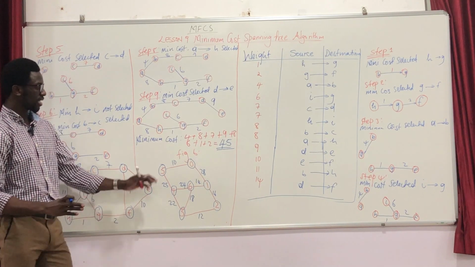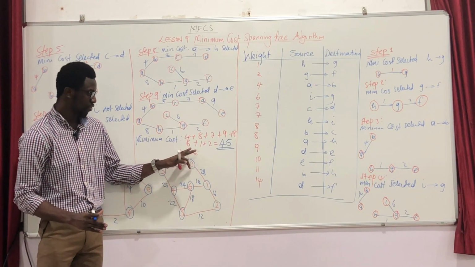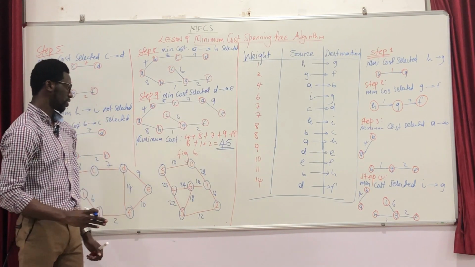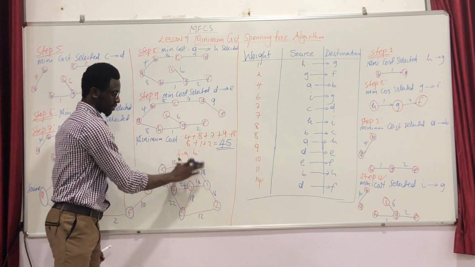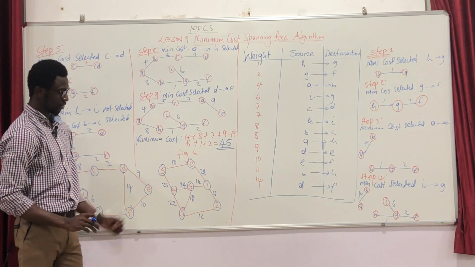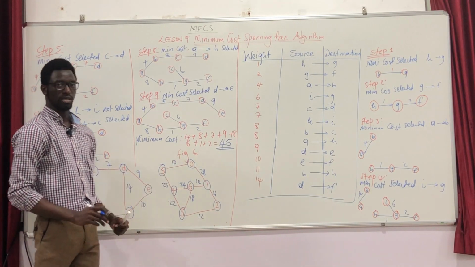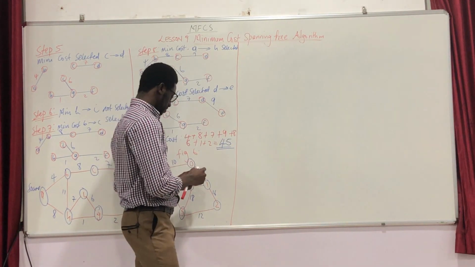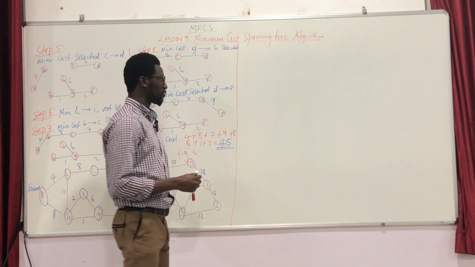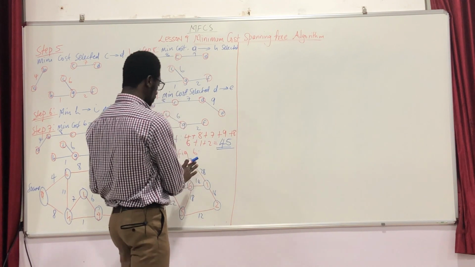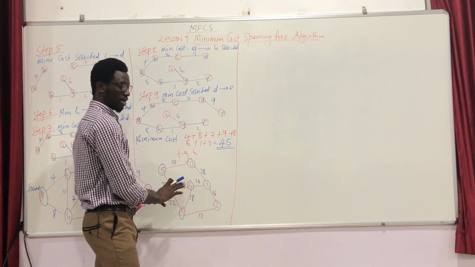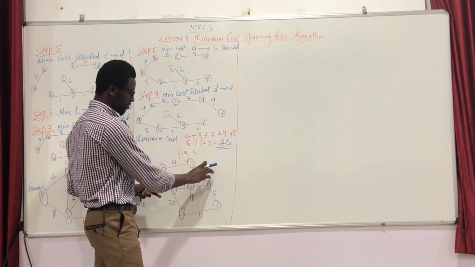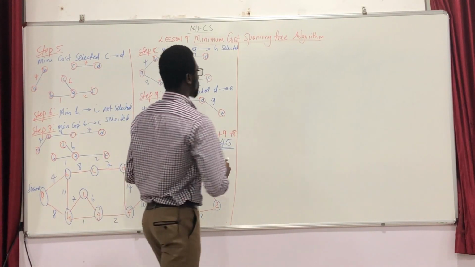So now we can see the other figure here, figure B, but first we need to face that part of the board, and we'll try to solve this other part of the question, which is B, using Prim's algorithm. So now for Prim's algorithm, for this one, we'll draw a table here. Let's see, where we have our vertex, key values, and parents.